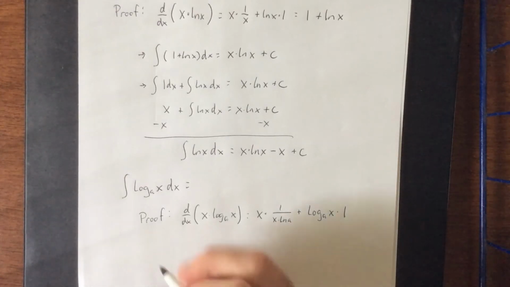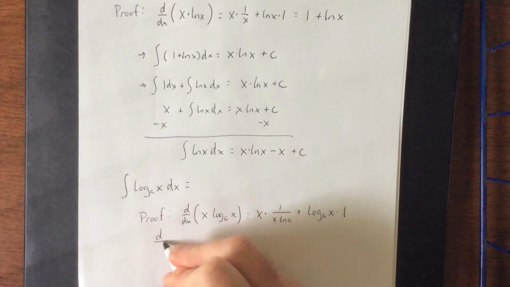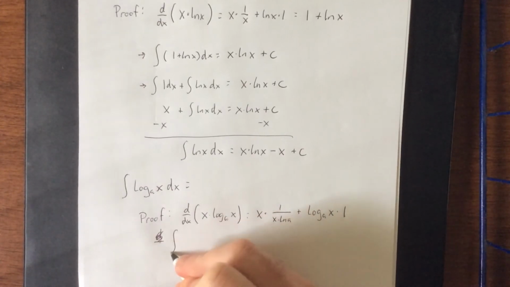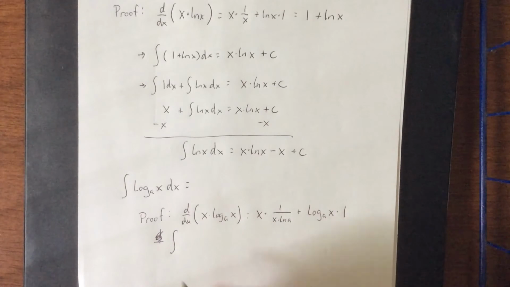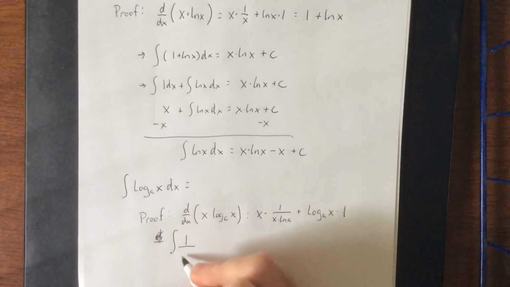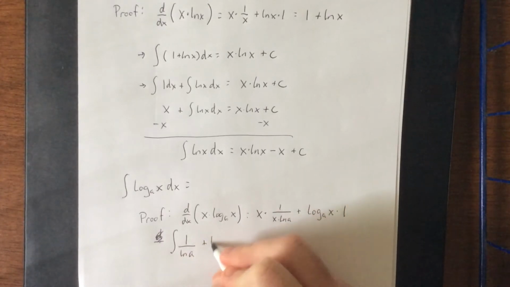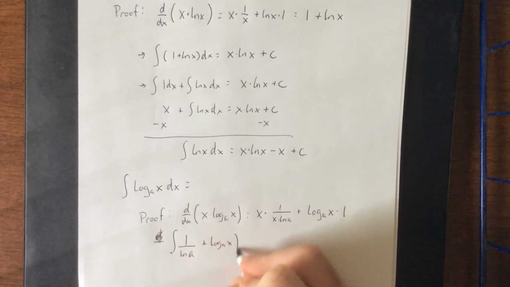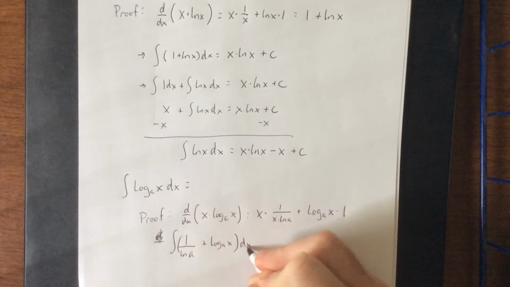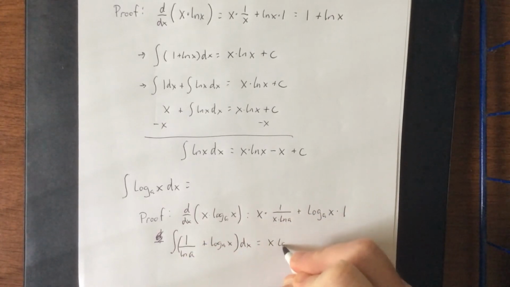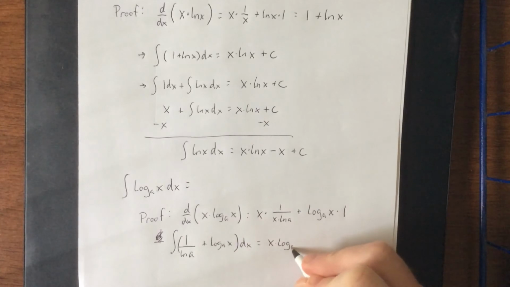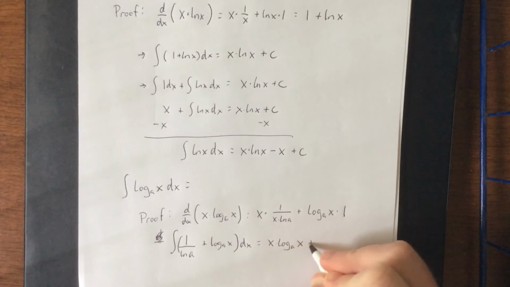So canceling those out would let us know that the antiderivative, that's not how you spell antiderivative, the antiderivative, or the integral of 1 over the natural log of a plus the logarithm base a of x dx would be equal to x times the logarithm base a of x plus a constant.